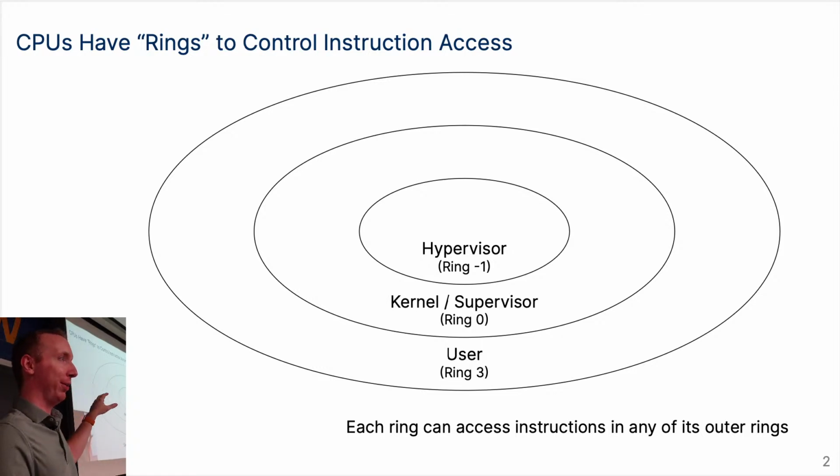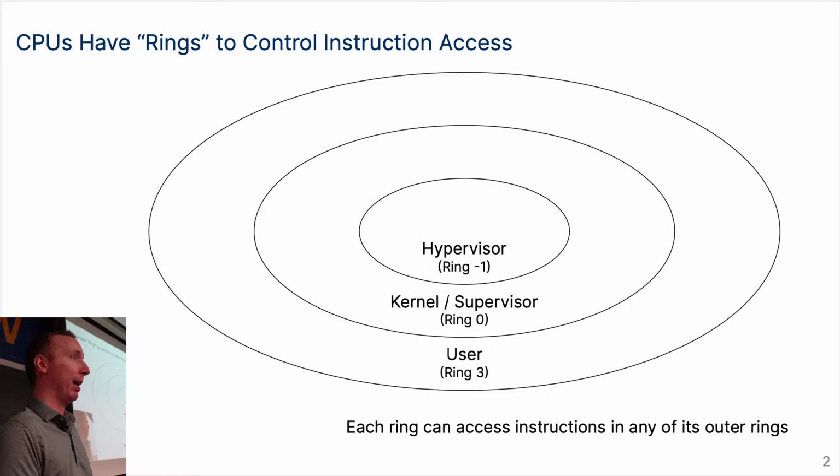On your CPU, there are different privilege modes that control what instructions you can access. Thus far, you've been writing programs in user mode, right? You write a program in C, you compile it, you execute it. It runs in what's called user mode, so those are the general CPU operations you're allowed to touch.